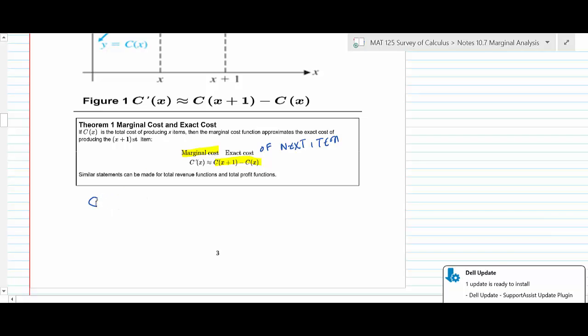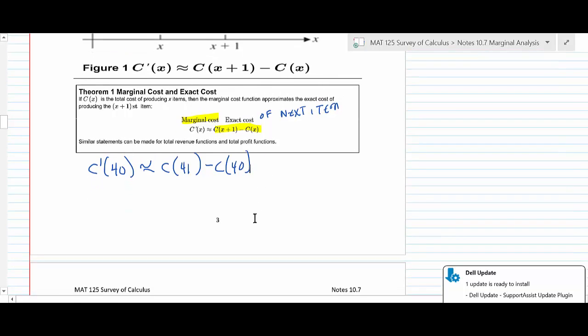If you had c bar of 40, that would be approximately equal to what? C of 41 minus c of 40. You want to make sure you get that in the right order. So you're looking at how you approximate the exact cost of the next item. Any questions with that?